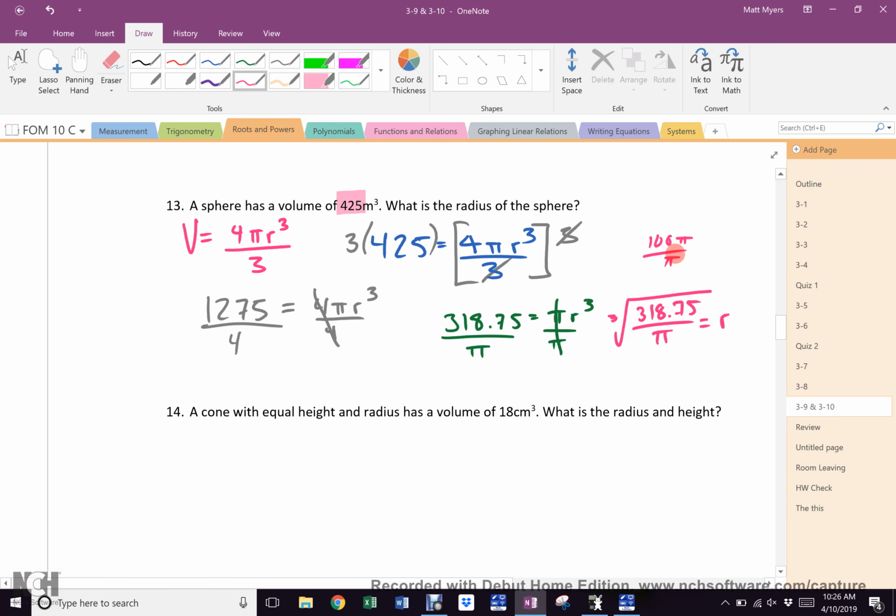What happens to the pi's? Cancel. So I'm basically looking for the cube root of 100, yes? Which I know for a fact is about 4.5. So if I punch this into my calculator and I got around 4.5, do I know I've done it right? Everybody understand? Okay.